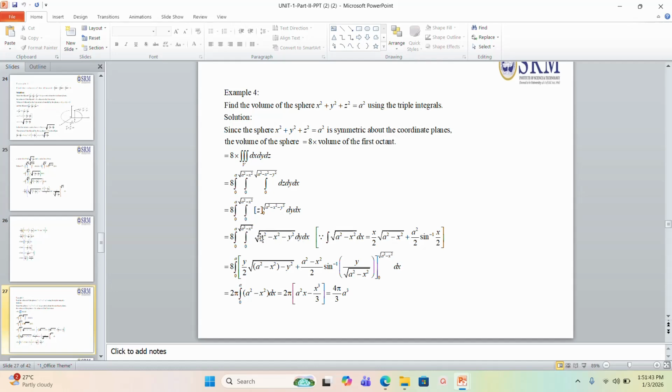So x by 2 instead of x is here y. So y by 2 root of a square minus x square minus y square, plus a square minus x square by 2 sine inverse of y by root of a square minus x square.